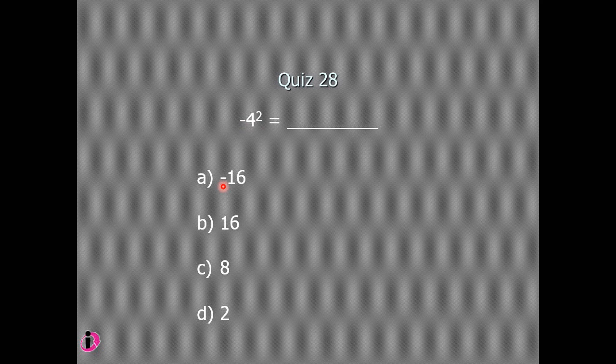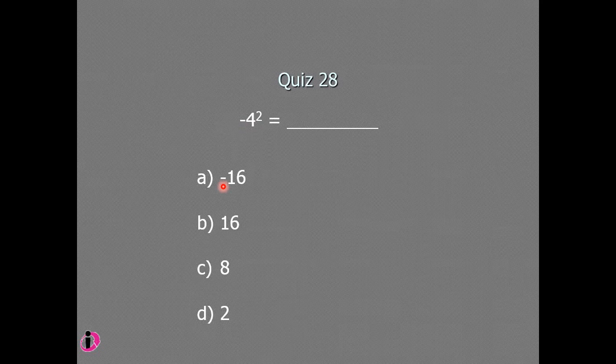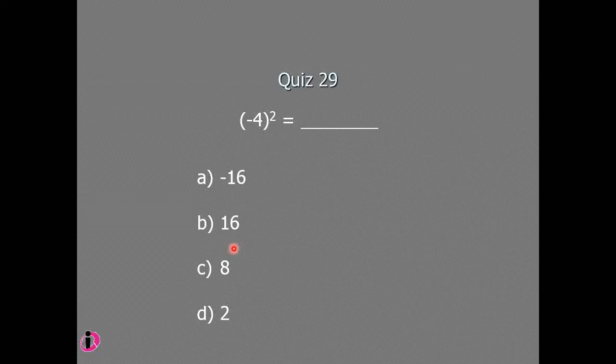So right answer is A. -4 whole squared is actually -4 times -4, which is 16, right? Because there are 2 negative signs now. So right answer is B.